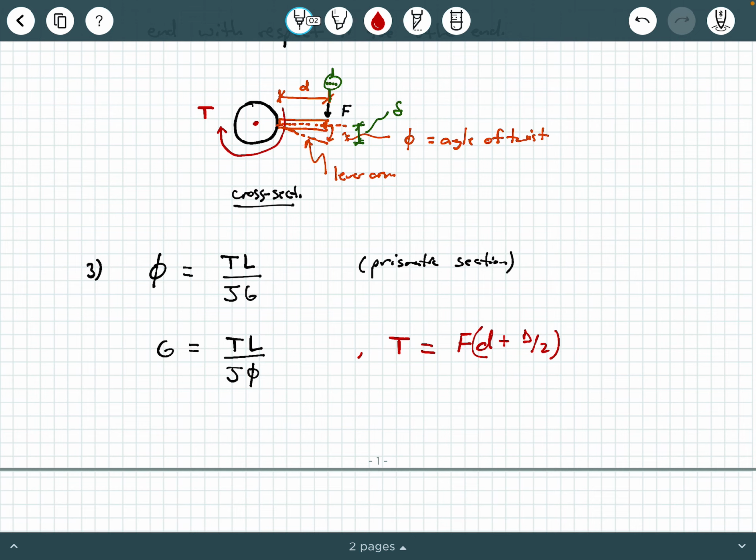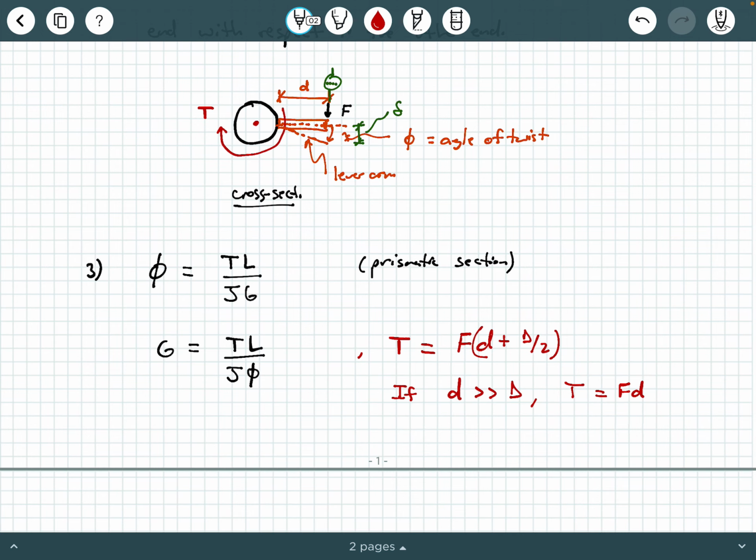But if you have a very small, thin cross section, typically this D over 2 isn't going to make that much of a difference. So I'm going to make a note here. I'm going to say if the lever arm d is quite a bit longer than the diameter D of the specimen, then you can just say T equals F times little d. So just be on the lookout for that.